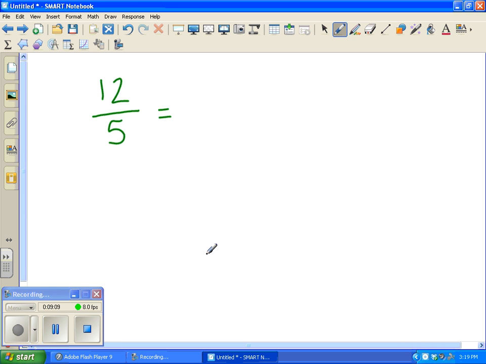We could actually do that, 12 divided by 5, but it's pretty easy to do in your head. How many groups of 5 can you get out of 12 without going over? You can get 2, can't you? Because 2 times 5 is 10. And however many's left over, I would have 2 left over, is the numerator. And your denominator stays the same, okay? So 12/5 is the same as 2 2/5.